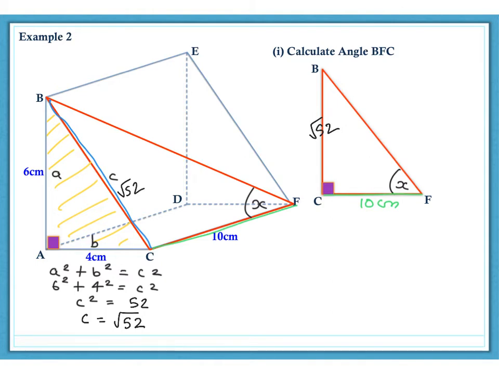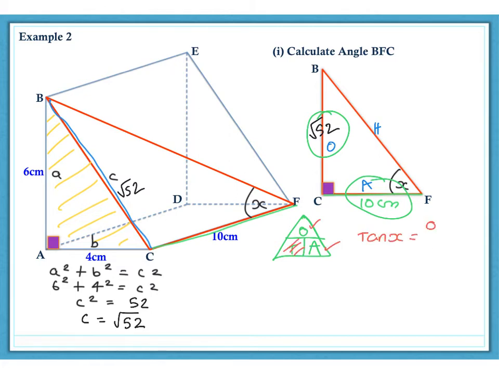Let's label our right angle triangle BCF, hypotenuse, opposite and adjacent. Identify that we're working with the opposite and the adjacent again. So we are looking at using tan, or the TOA triangle. We know O, we know the value of A, so covering up T, tan of X is equal to the opposite divided by the adjacent.